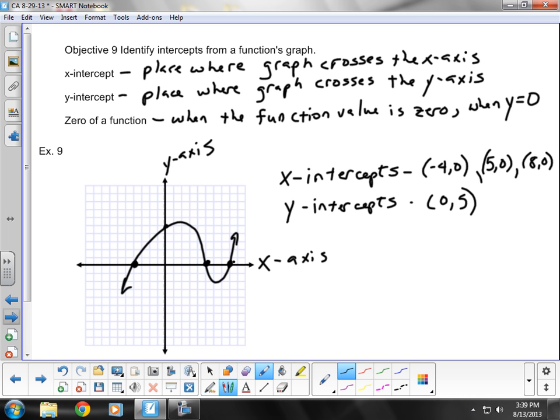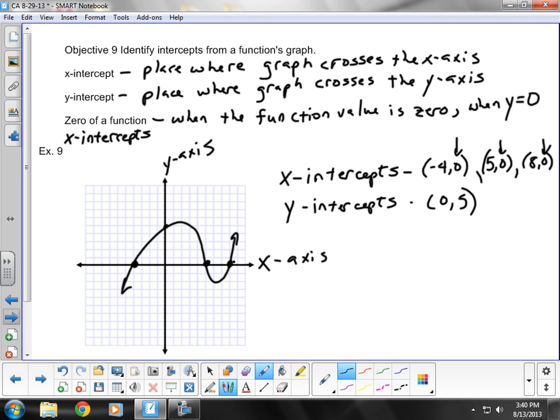So in these, if you'll look, the x-intercepts always have a y value of 0. So zeros of functions and x-intercepts are the exact same thing. That's a really huge idea, and you need to remind yourself of that, and you need to memorize that. Okay? That finishes this section.